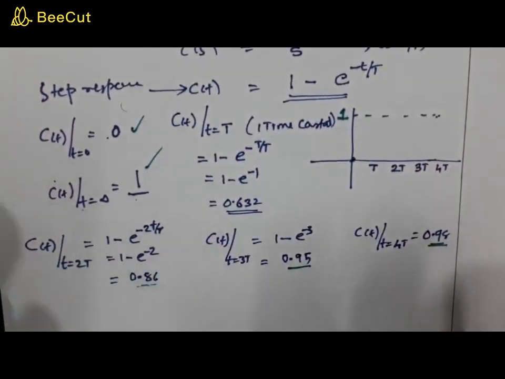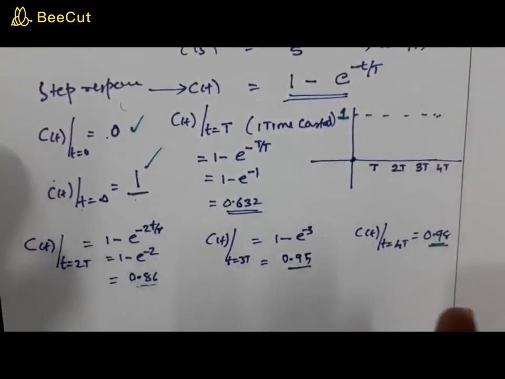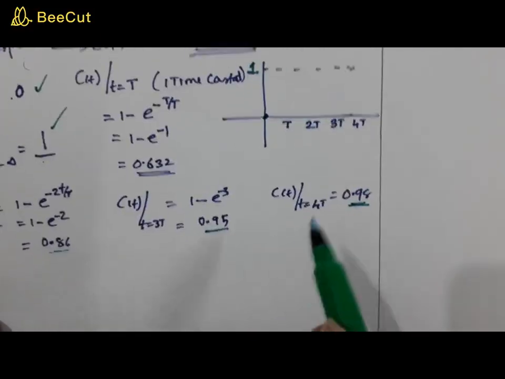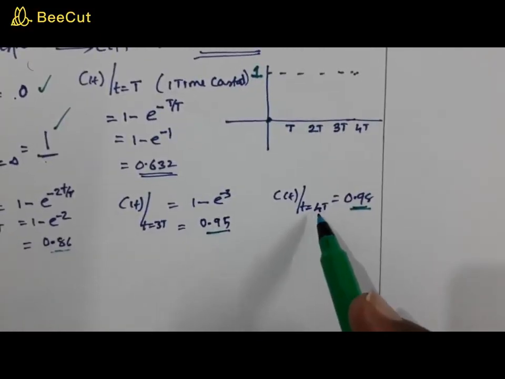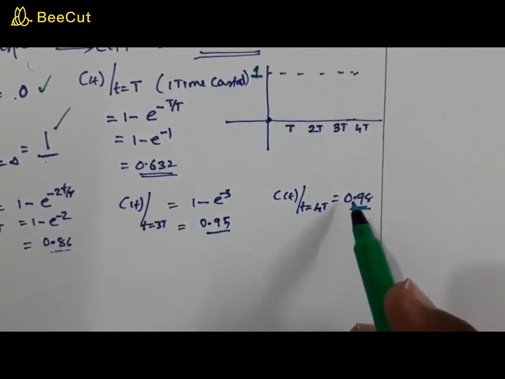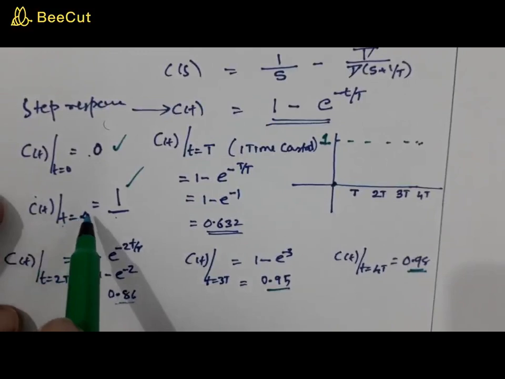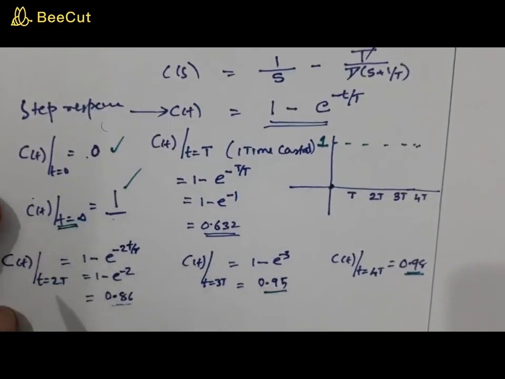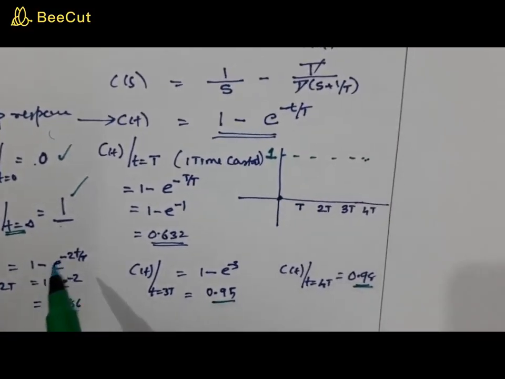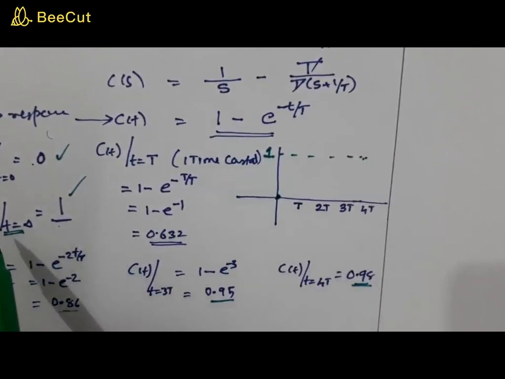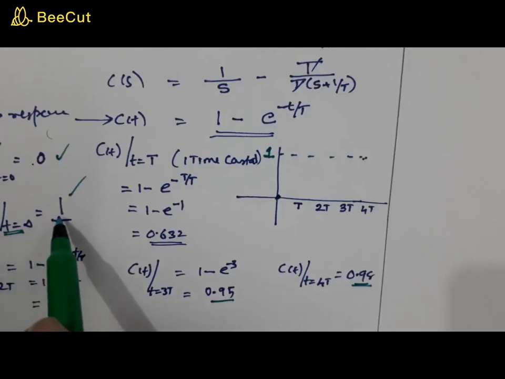All the other values come in between 0 and 1, but we see that at t equal to 4τ itself, this approaches almost 1. Ideally it will be equal to 1 only at t equal to infinity. But practically, it's not possible to wait for such a long time. That is the ideal time to wait for the system to be at 1.